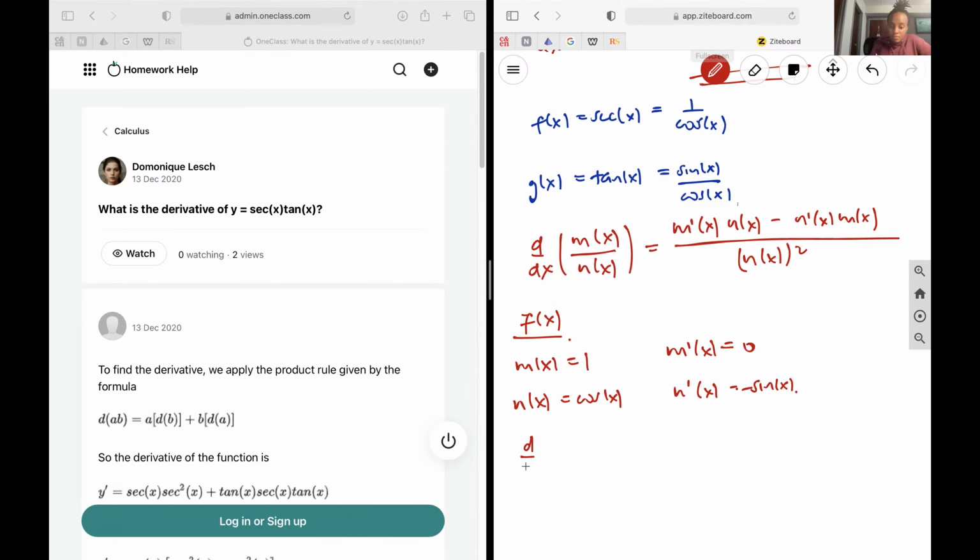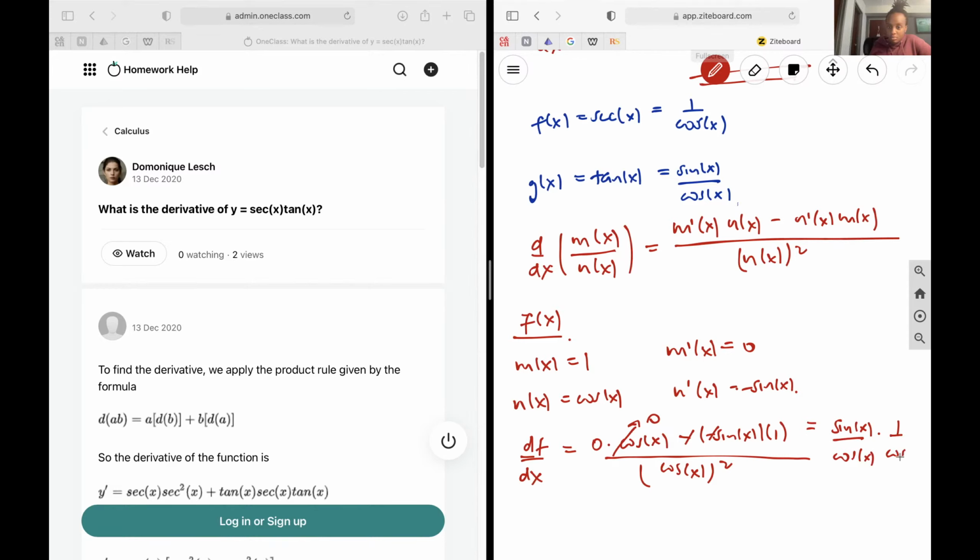And so the derivative df over dx will be 0 multiplied by cos x minus negative sine x multiplied by 1 all over cos x squared. So this will give me 0, and these two will cancel to yield a positive, and so I will get sine x over cos x by 1 over cos x. And so the derivative of secant x is equal to tan x secant x.